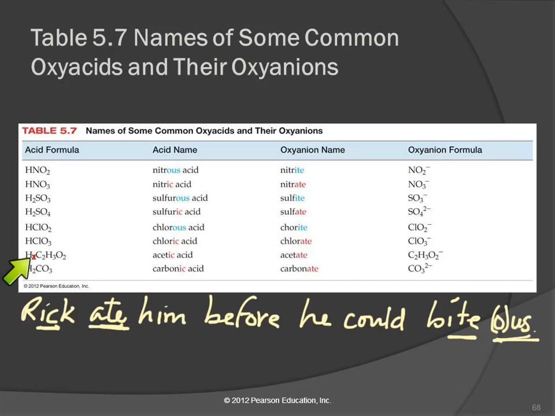There's a mistake in table 5.7. This is from the 4th edition. I'm hoping they fixed it in the 5th edition, but I'm not going to hold my breath. It's HC2H3O2. And this H is not lumped in with the other H's because this is what makes it an acid. So we cover up the H and we look at what's left.